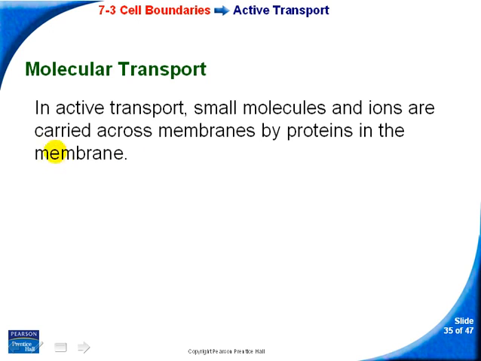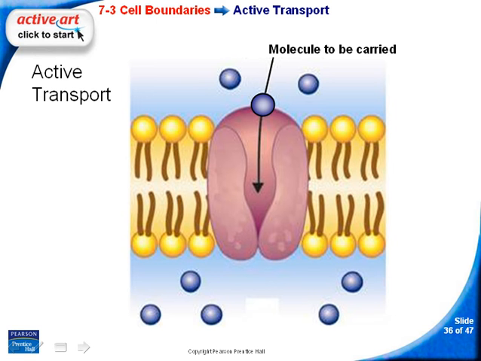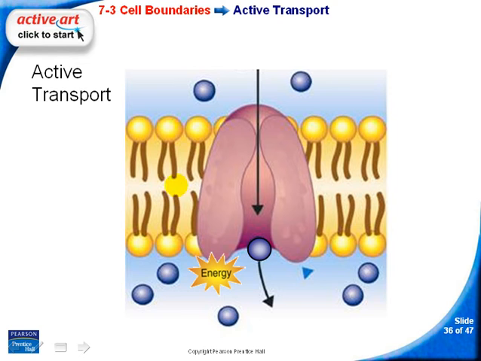Once again, the molecules are carried across the membrane by the proteins we saw embedded in the bilayer. This is moving it against the concentration gradient again. So here we go. Energy causes the protein channel to change shape, and the molecule is moved from low concentration to high concentration.